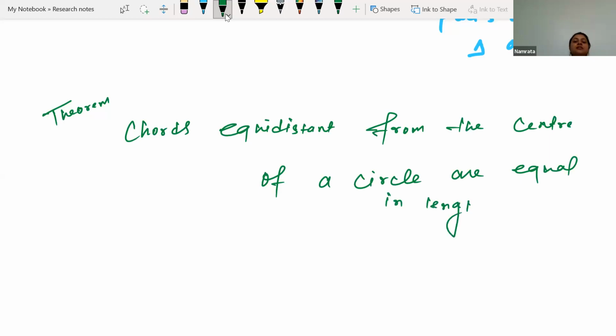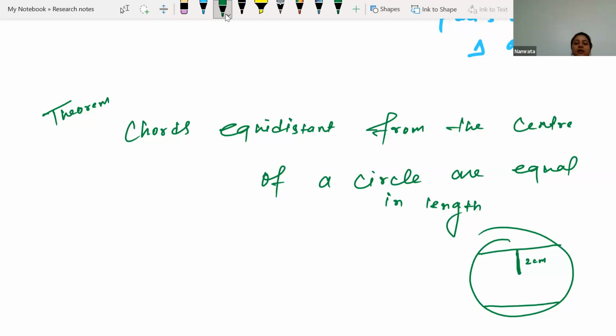This says that when chords are equidistant from the center, if there is a chord and the perpendicular distance is 2 centimeter over here, and there is another chord and from the center the perpendicular distance is also 2 centimeter, then both chords, chord ST and chord MN, will be of the same length.